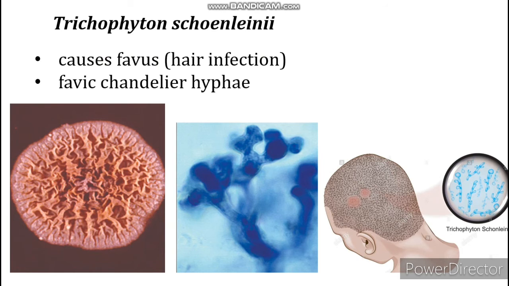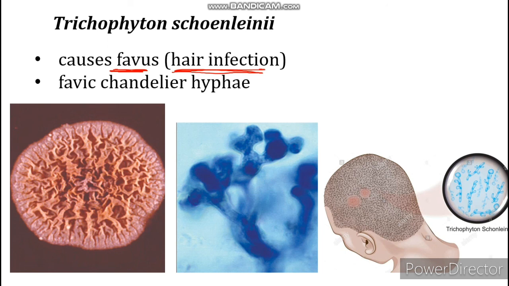Next, itong Trichophyton species na to, hindi ko alam sa inyo, but I just discovered this one during the review center na. So, nalaman ko lang siya nung nagmo-mock exams na kami, kasi never ko siya na-encounter nung lower years ko. Your Trichophyton schoenleinii causes favus or a hair infection.